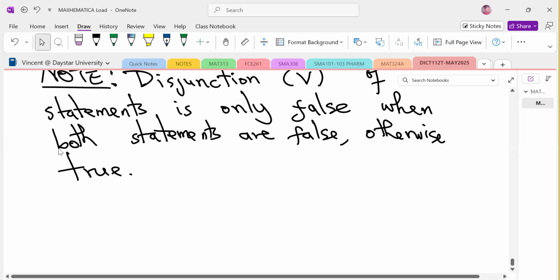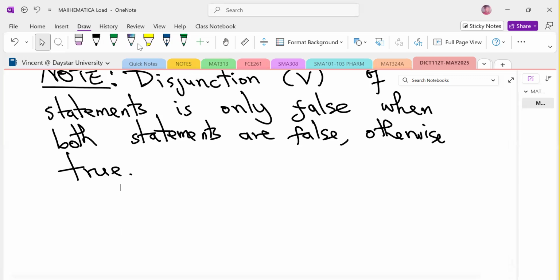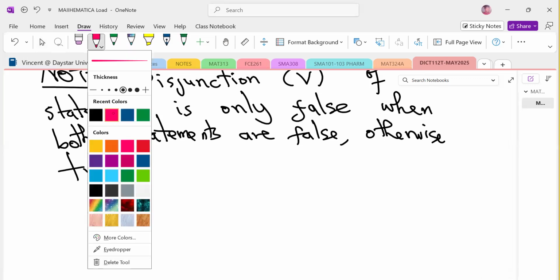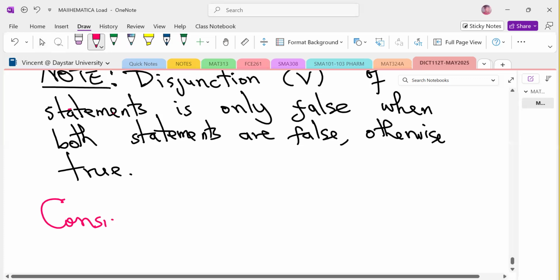Before we wrap up on this disjunction, I want you to help me interpret these statements. Consider the following.